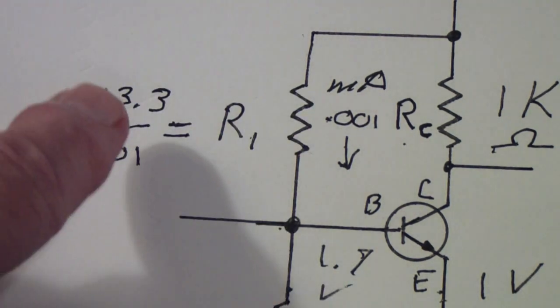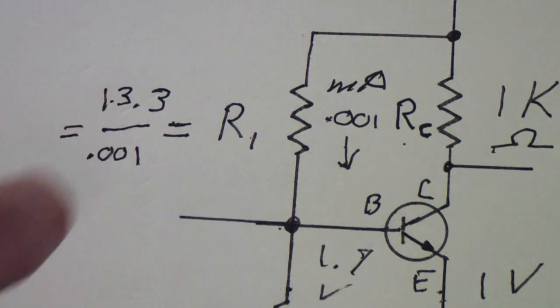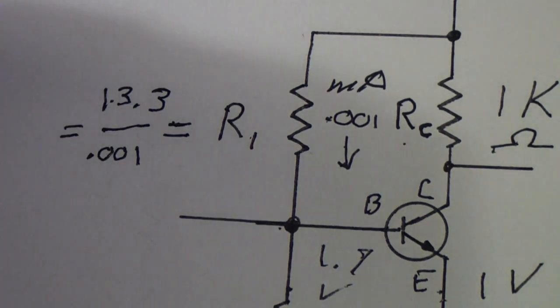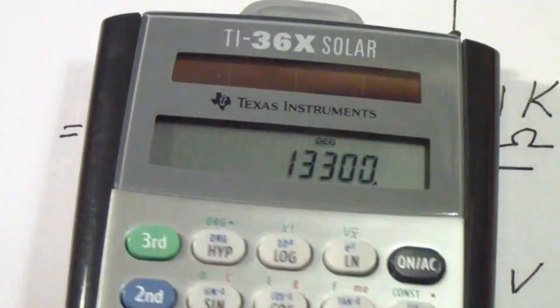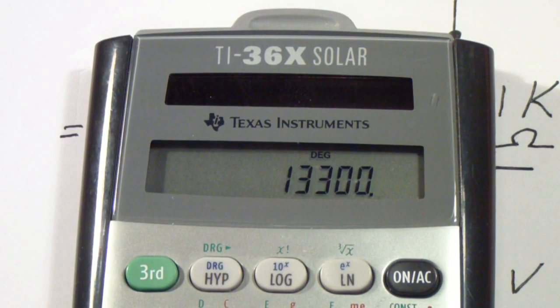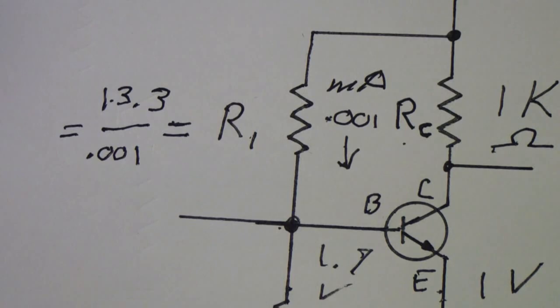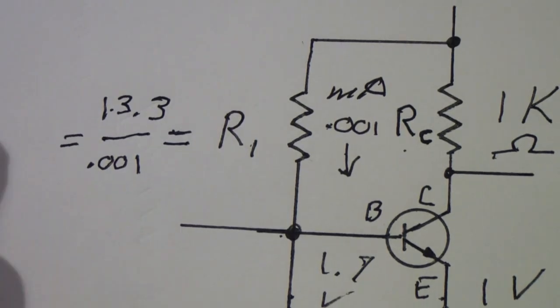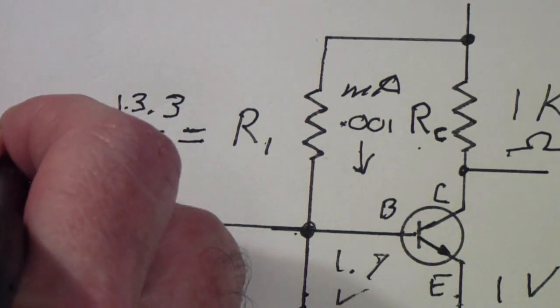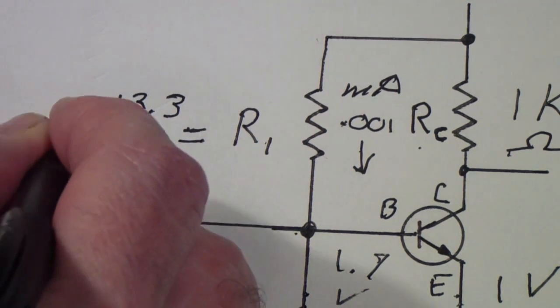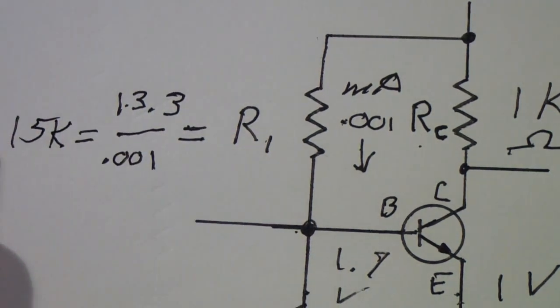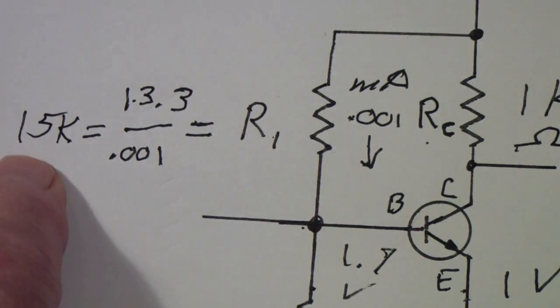Once again, R equals E over I. So let's calculate that, and I've done so on the calculator, and you'll see it's simply 13,300 ohms. Well, we're going to round that up. You can't really easily buy a 13,300 ohm resistor. So we're going to round that up to 15,000 ohms, or another way to write that is 15K. So R1 is now 15K.